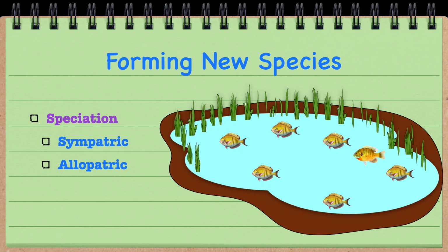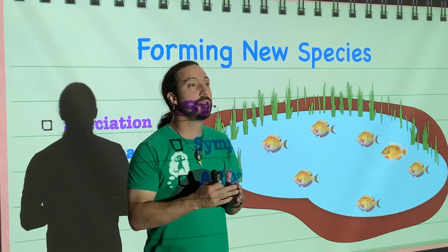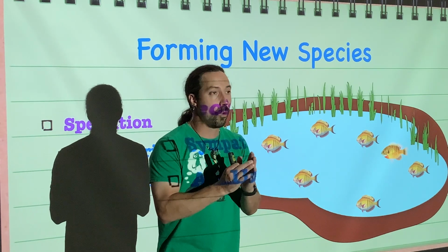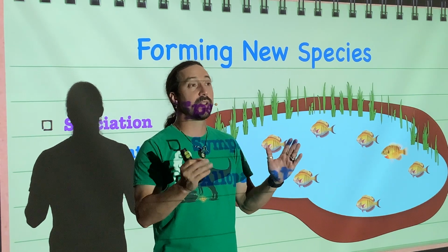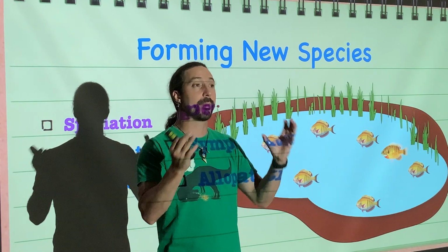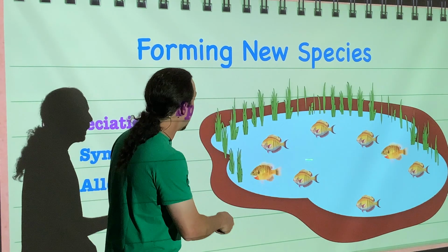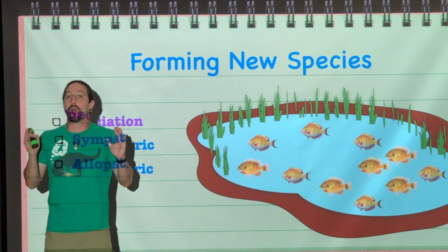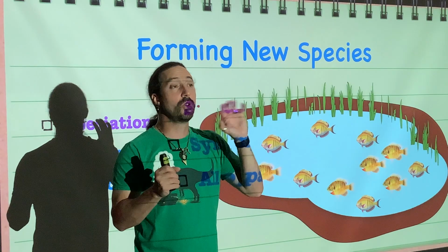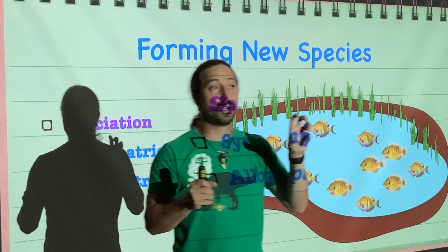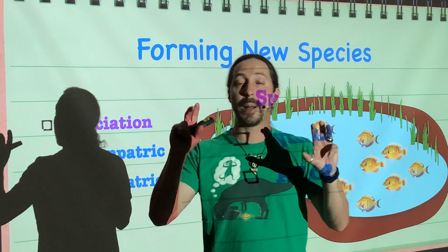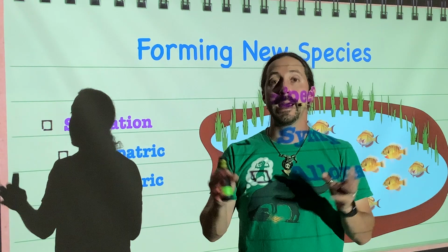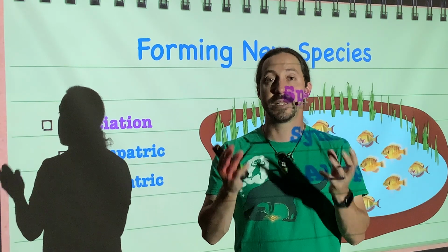So a new allele could form. And if this new variant in this population were to become reproductively isolated from the main population of fish, then we would end up with, now, instead of just one population of fish, two populations of fish, each one its own species, because the new variant doesn't reproduce with the original population, meaning it is a brand new species.